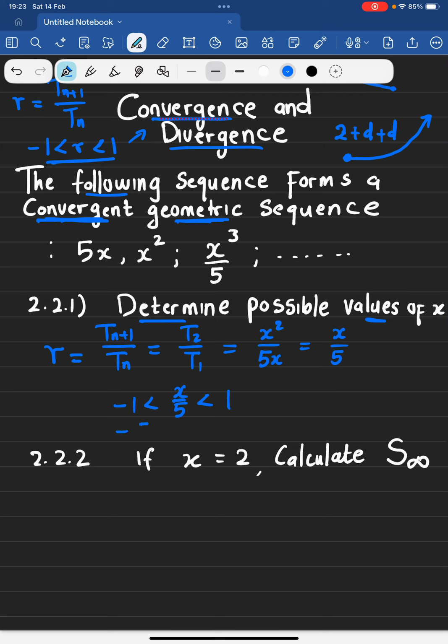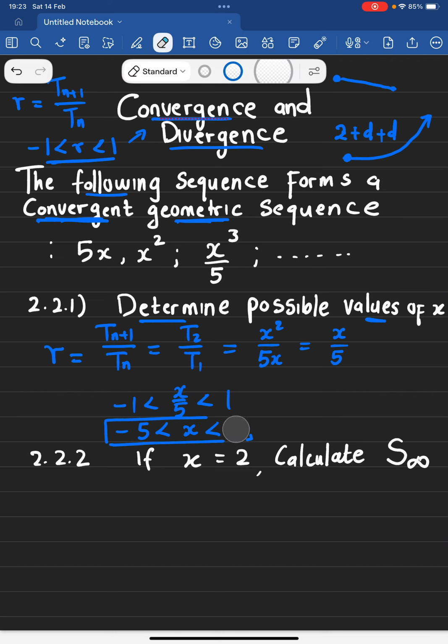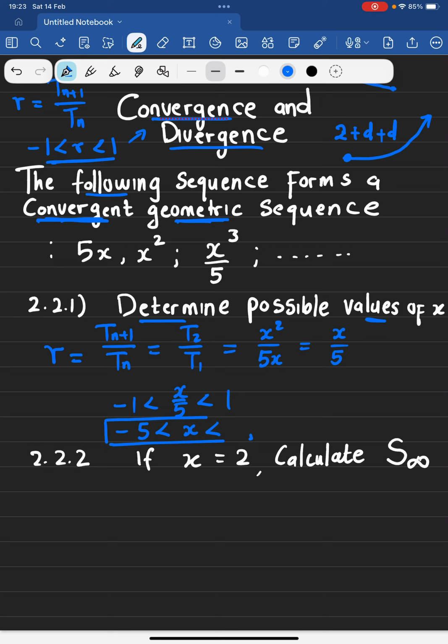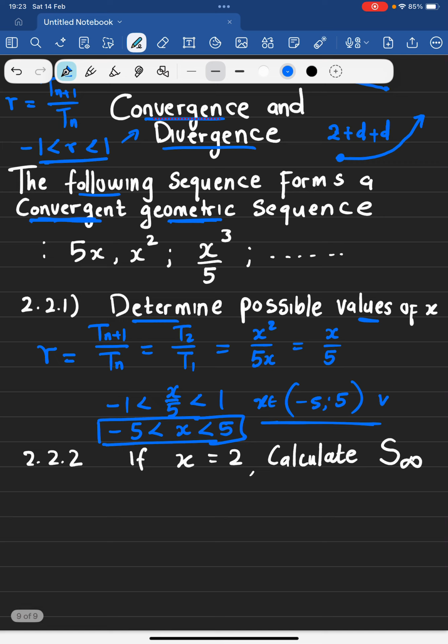So now you have -5 less than x less than 5. This covers all the values of x that fall within this range, so x is an element of -5 to 5, but you don't include the 5s because that inequality sign is exclusive.